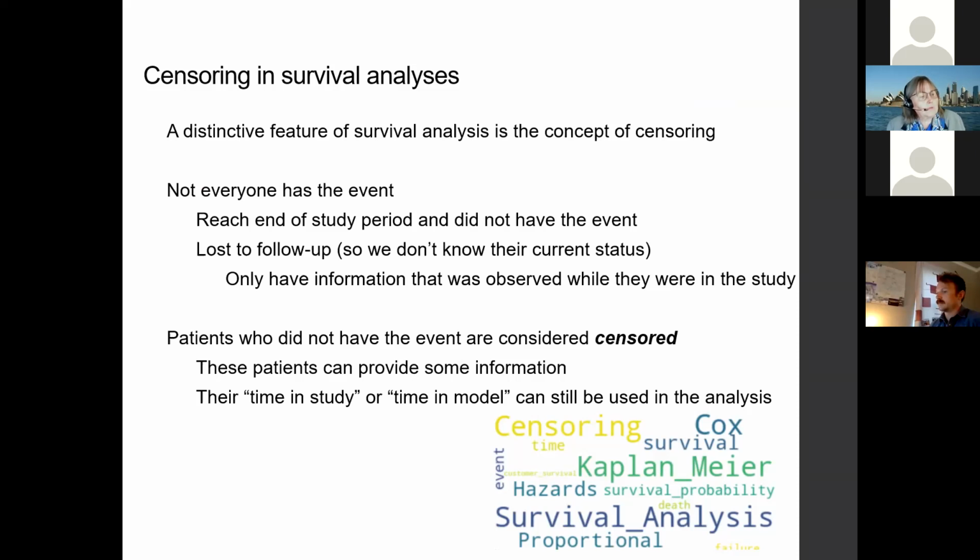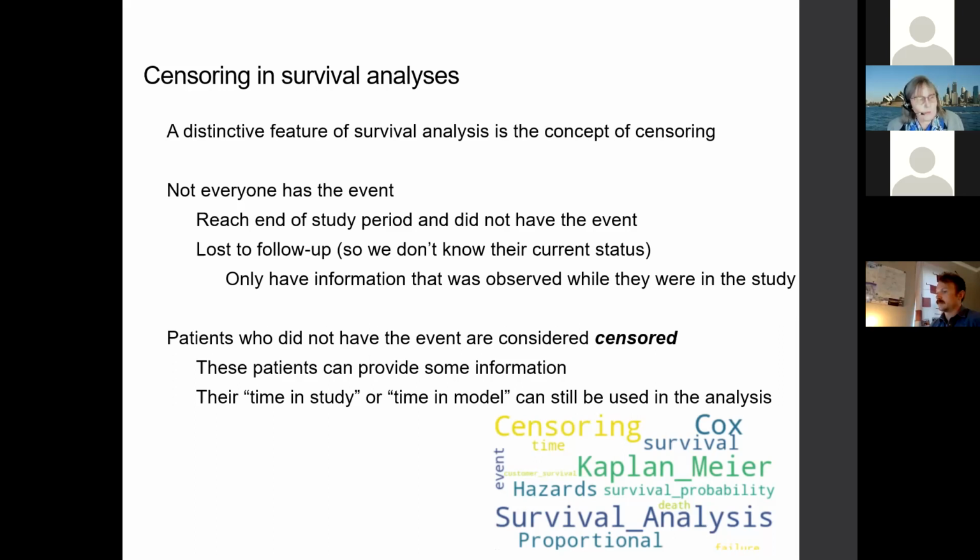Well, people who are either lost to follow-up or reach the end of the study period and don't have your event are considered censored. And the information that they provide in the time that you observed them, even if it was just the 6 months for the one who recovered from kidney failure, or the person who was lost to follow-up, you can use in the model.